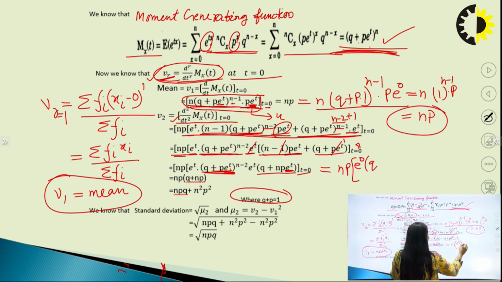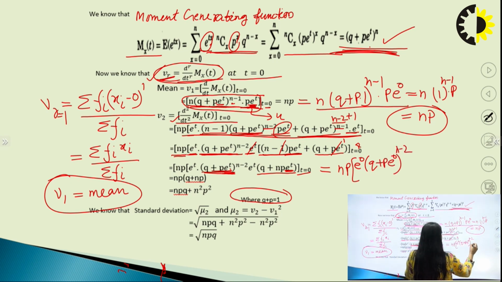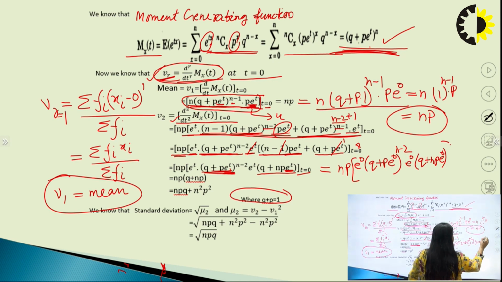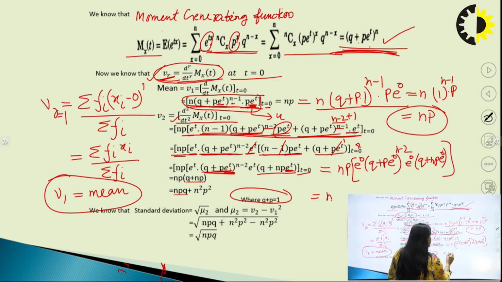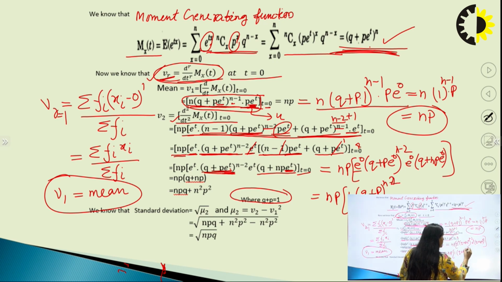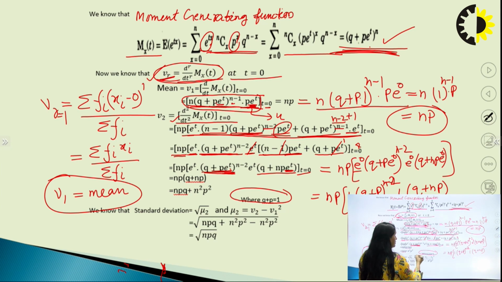This will become (q plus p e to the power 0) to the power n minus 2, and we will get e to the power 0 (q plus np e to the power 0). Okay. Now again on writing this, we will get np, this will become equal to 1, this will become (q plus p) to the power n minus 2, this will become 1, and this will become q plus np, and that's what we are getting here.